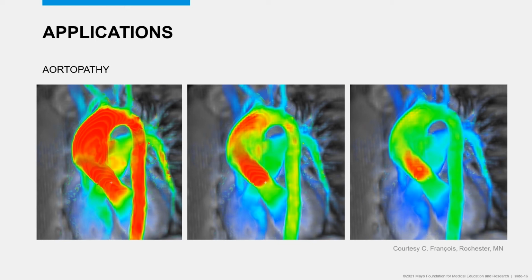By changing the color threshold of the velocity maps, we can visualize better areas of more severe stenosis. So from left to right, we've increased the color threshold, and on this image you can really appreciate the area where the stenosis is most intense, and the flow plane can be placed orthogonal to that for the most accurate measurement of peak velocity.